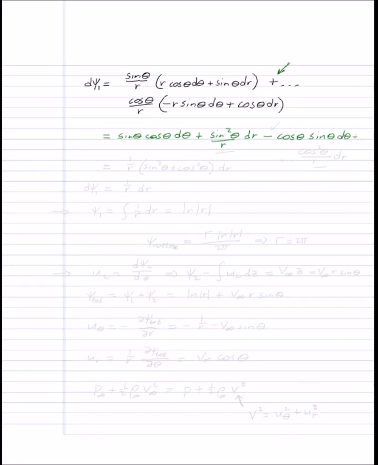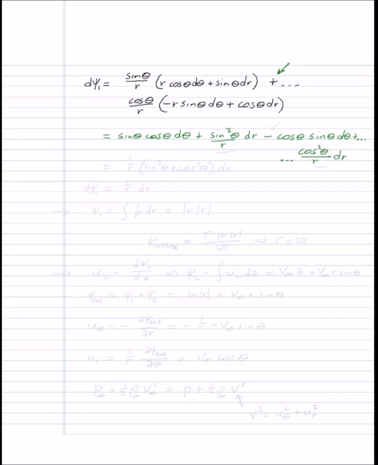There we go. And then we've got another term, so this is plus, and then I'll go back to the next line again. We've got cosine squared theta divided by r dr. Okay?